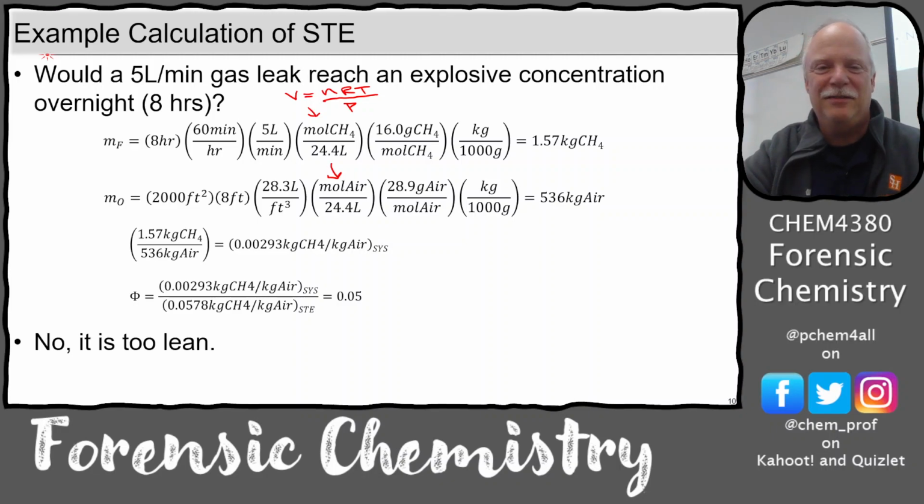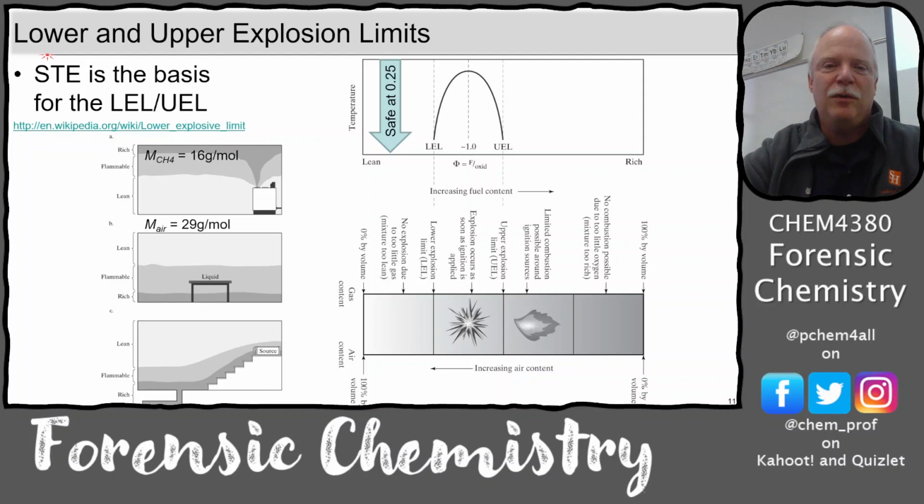Anytime you're too rich, it's dangerous, not in the rich area, but between the rich area and the lean area. You're going to pass through an area which is perfect. This is what we call the LEL and UEL, and you'll see this listed on the MSDS or SDS sheet sometimes. It'll give you the lower and upper explosivity limits.